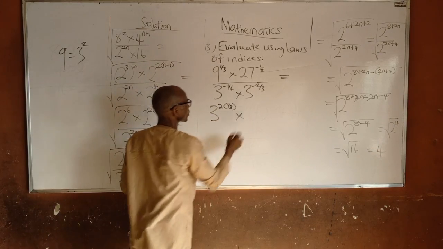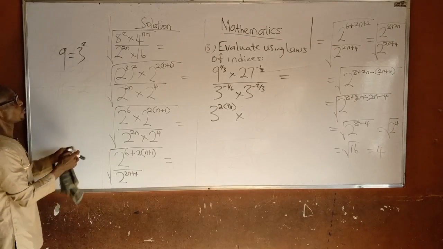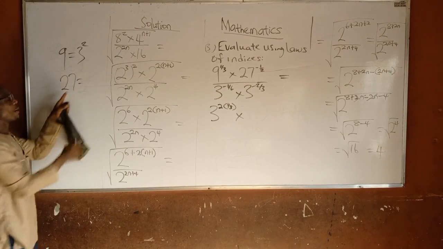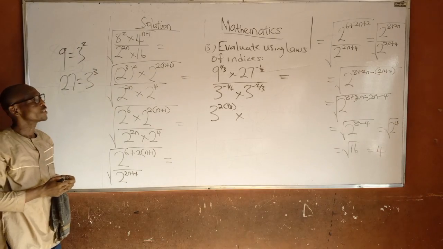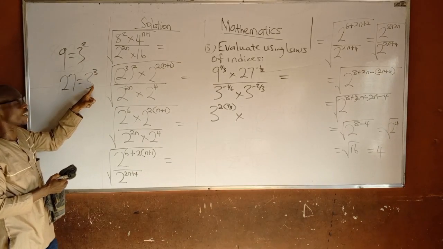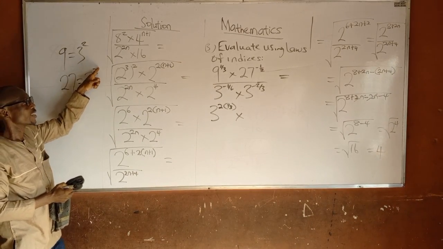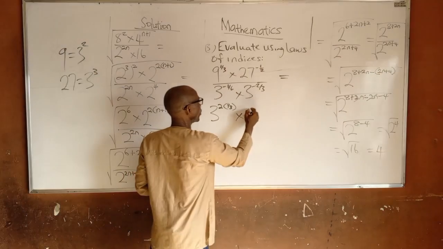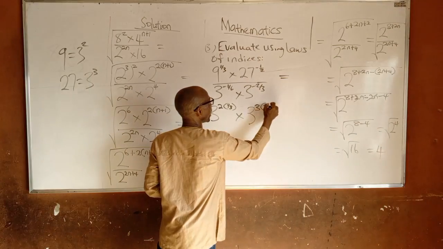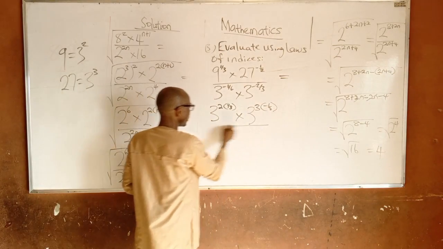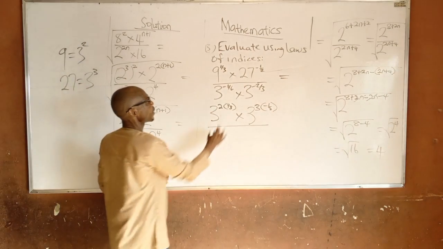This is times our 27. 27 can be written as 3 raised to the power of 3. So we can write this now as 3 raised to the power of 3, then we open bracket minus 1 over 2. This is now all over.